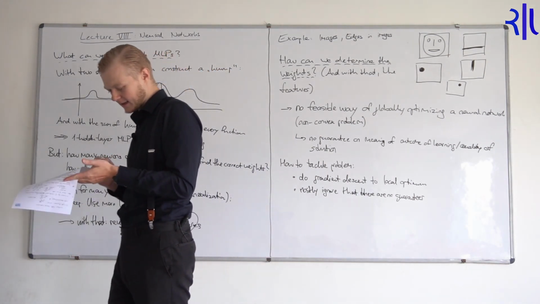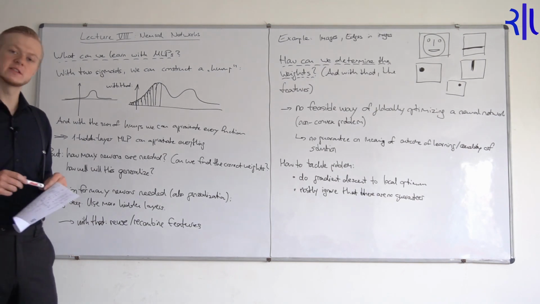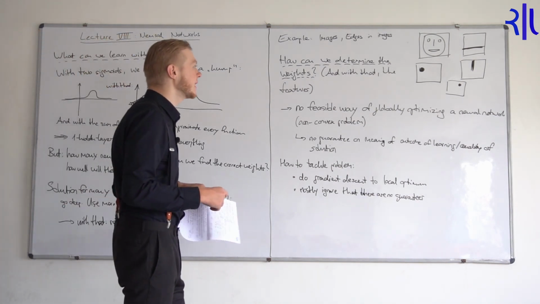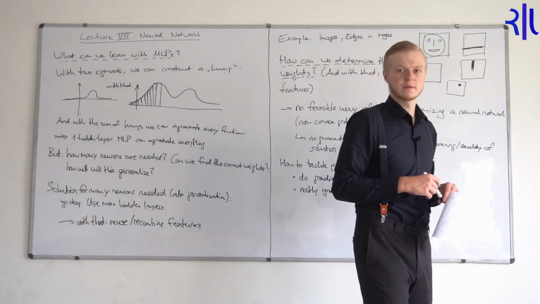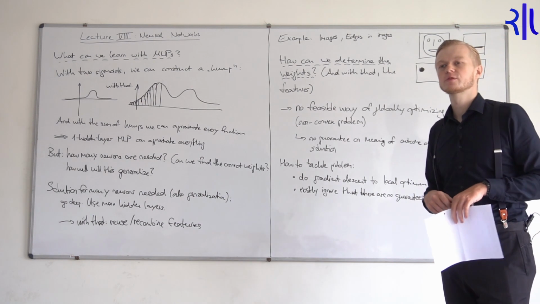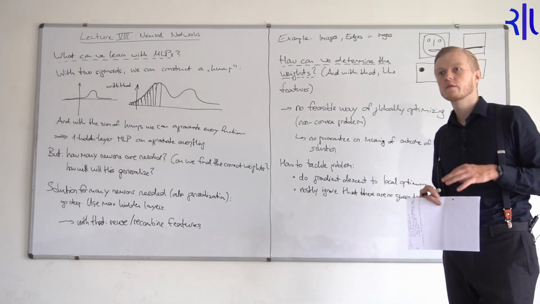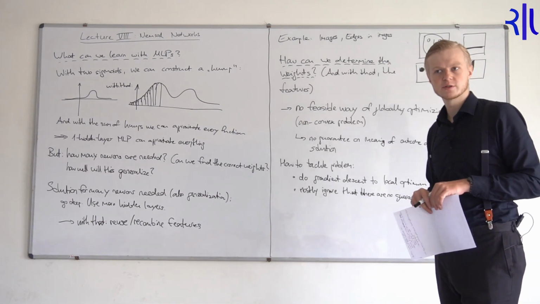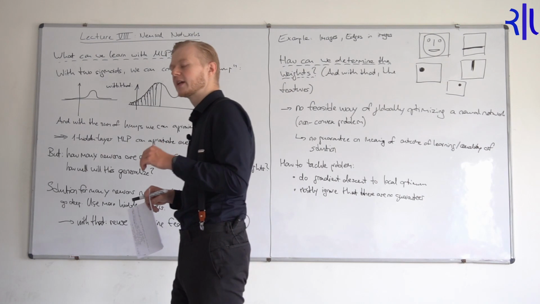And one question remains now. When we want to do gradient descent, we need to know the gradient of the error function with respect to the weights. And how can we calculate that? Maybe if you try to calculate analytically the gradient of a very complicated function, of a nested function, you will find that this is actually not that easy.